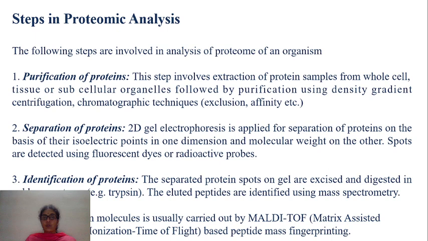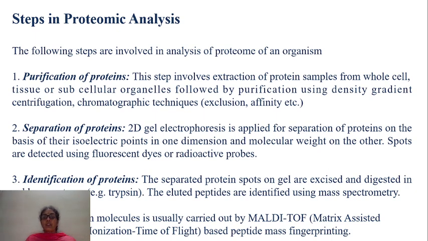In the identification process, we identify the single protein, which may be a peptide or a polypeptide, by using different proteases, the protein digestive enzymes. After obtaining the single peptide, the peptide mass is identified by using mass spectrometry. Analysis of the protein molecule is usually carried out by MALDI-TOF. MALDI-TOF is expanded as matrix assisted laser desorption ionization time of flight based peptide mass fingerprint.